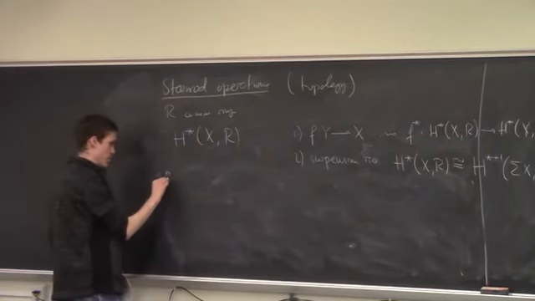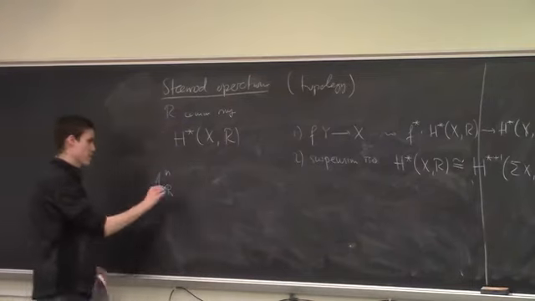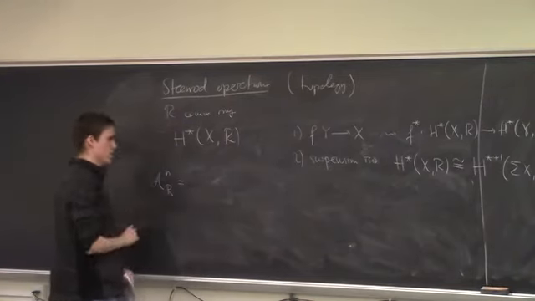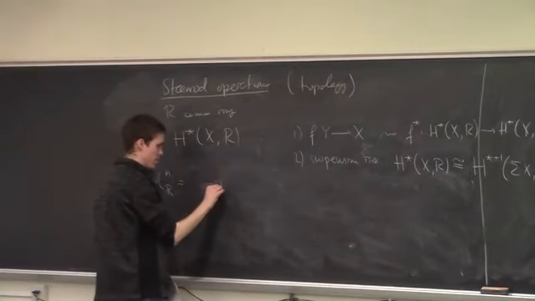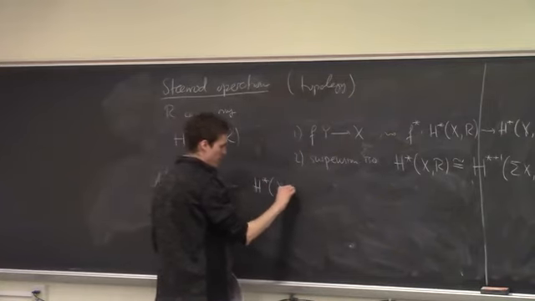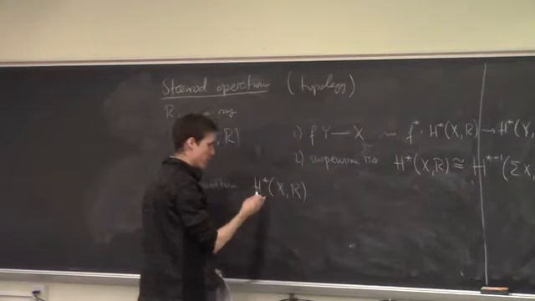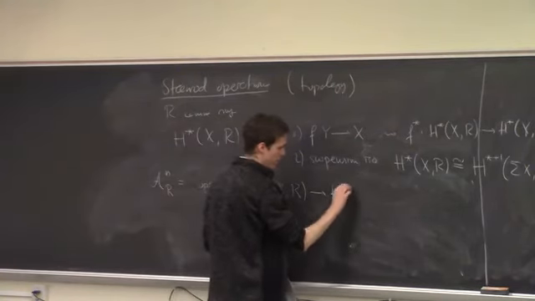Let me write A_n sub R for each n. This is a set of operations, so maps from the cohomology of a space to the cohomology shifted by n.